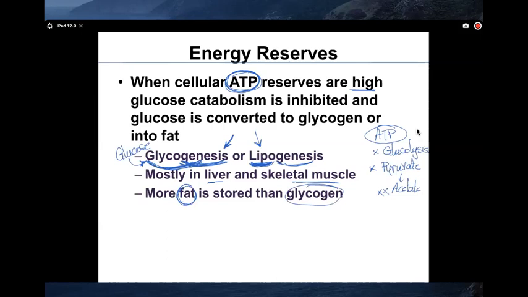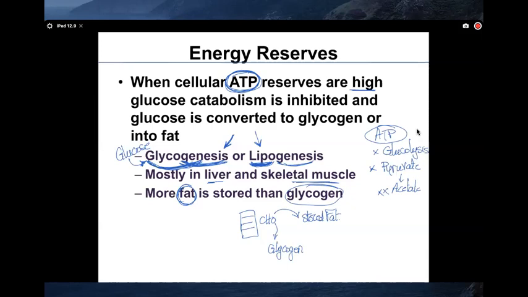So if you eat a chocolate bar that you don't burn, most likely the carbs in this chocolate bar are going to be transformed into stored fat in your adipose tissue cells rather than stored glycogen in your muscle and liver cells.